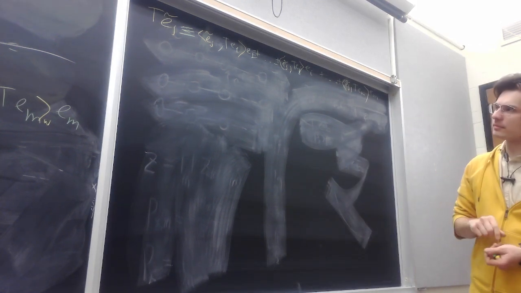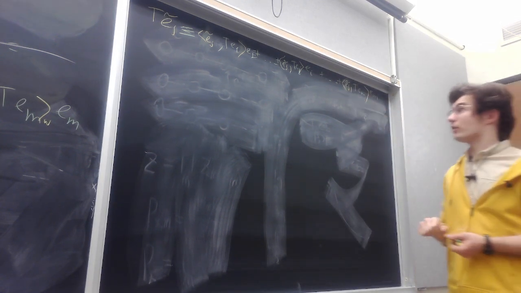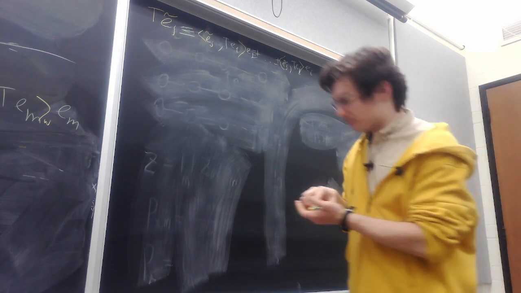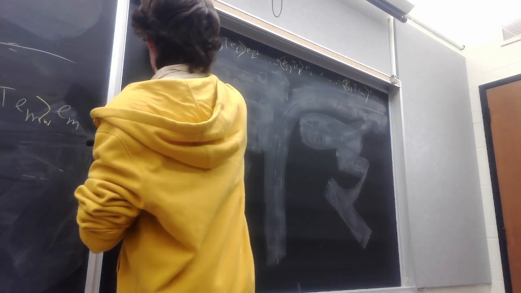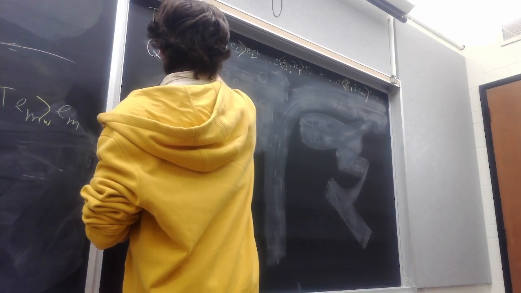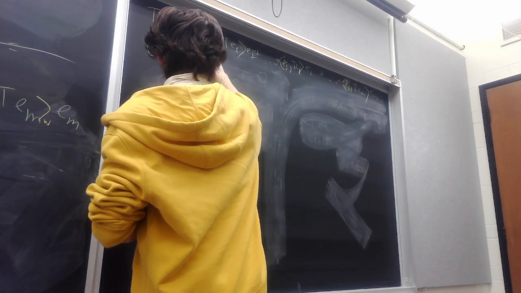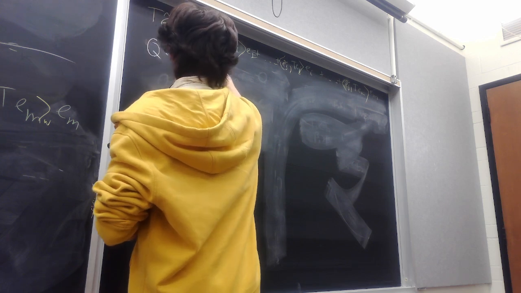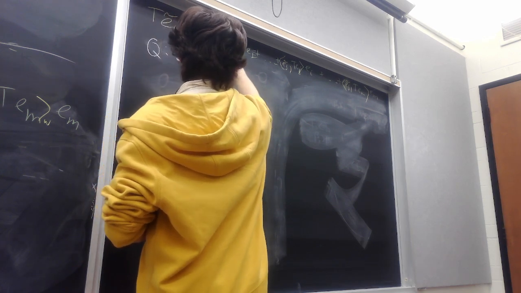Okay. So from this definition, if you're asking me the question, what are the matrix elements going from the beta basis to the alpha basis of T star?